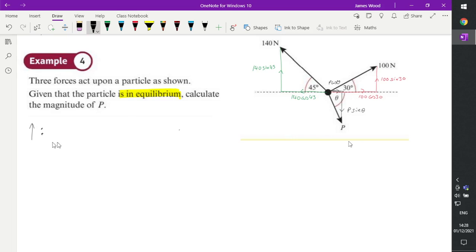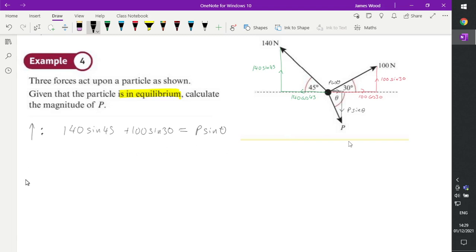So looking vertically, I've got 140 sine 45 plus 100 sine 30, and it's plus because they're both pulling upwards. Now we could either write minus P sine theta equals 0, because acceleration is 0, because it's in equilibrium, or we could just say that these two must be equal to P sine theta, because they are balanced.